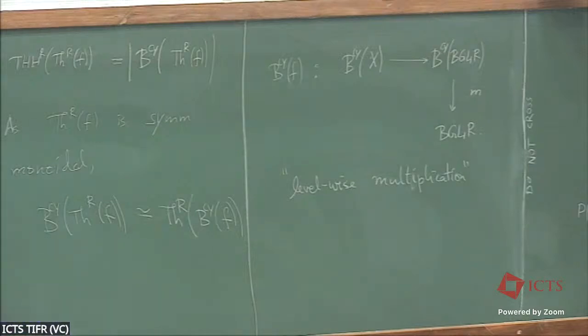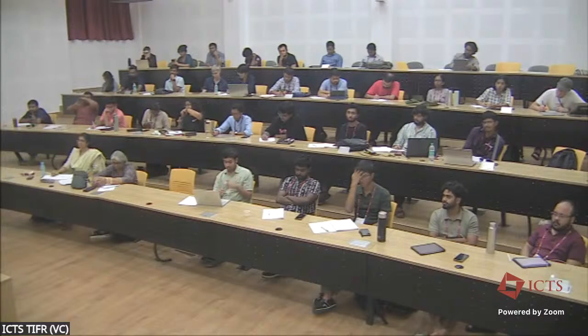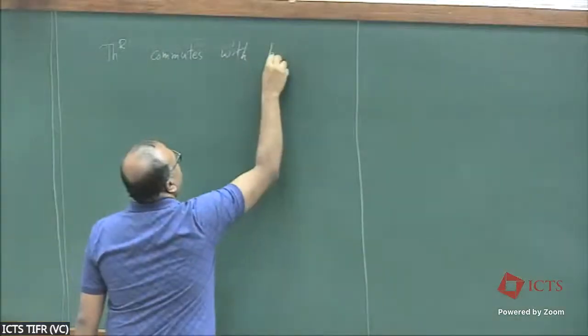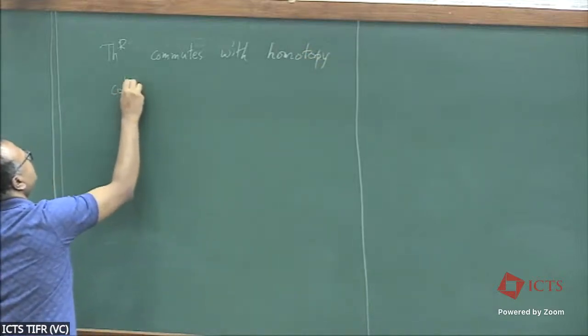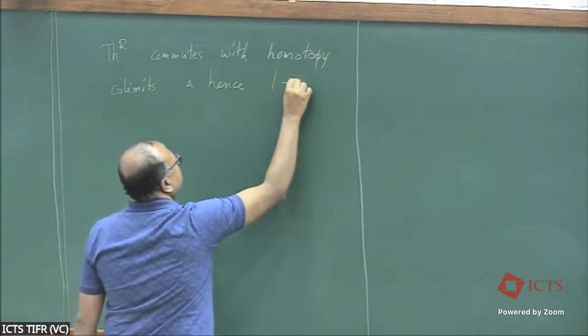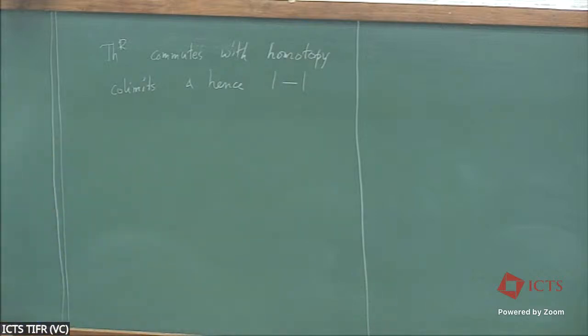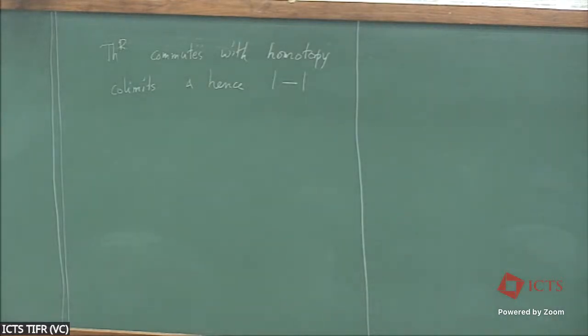And step 2 is that the Thom spectrum functor commutes with homotopy colimits, and hence geometric realization. So we can also move the geometric realization which we have here inside this Thom spectrum functor.